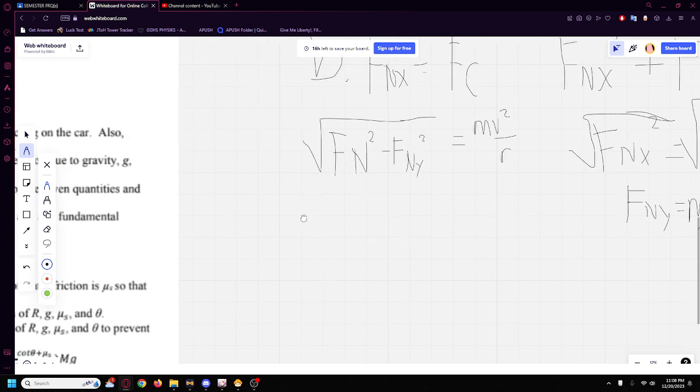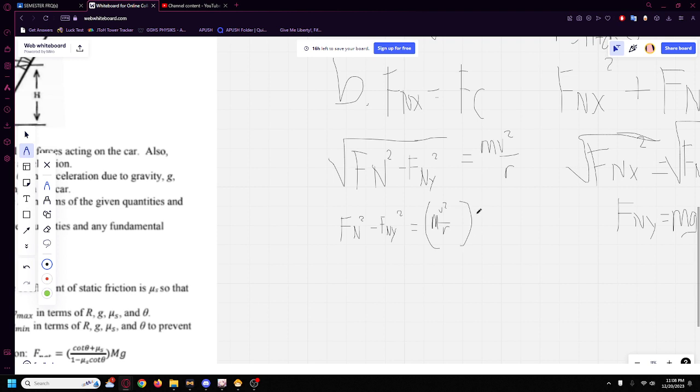So we squared both sides, so F_N squared minus F_N y squared is equal to m v squared over r, squared.